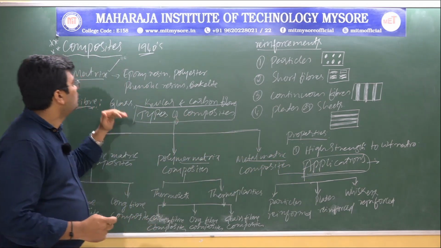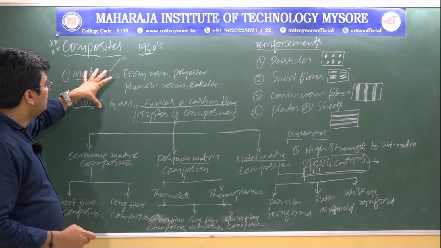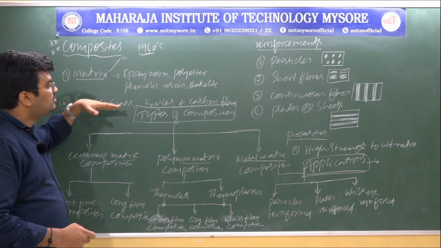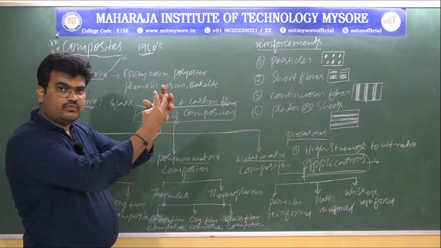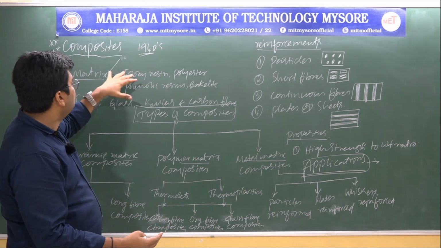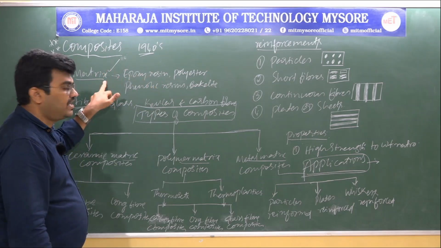So this is all about the general introduction to composites and the components of composites, that is, one is matrix, the other one is fiber. These are the different types of reinforcement, because usually these fibers are reinforced into the matrix in order to make the matrix stronger, right? But its chemical, physical, mechanical and thermal characteristics will be decided by the matrix.